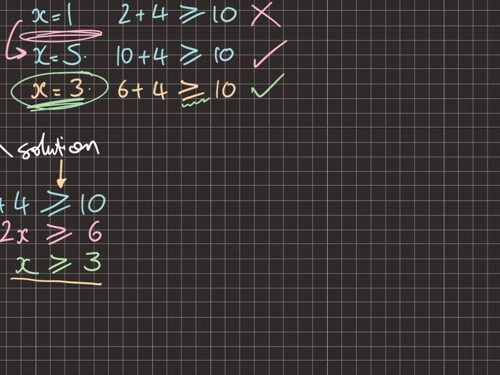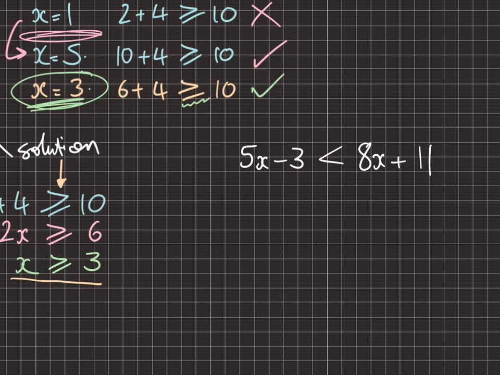Okay, so we're going to go for, let's say, 5x minus 3 has to be less than, let's go for 8x plus 11. Okay, so we want to find all the values of x, the set of all values of x, for which 5x minus 3 is giving you a smaller answer than 8x plus 11. Okay, so how do we do this?